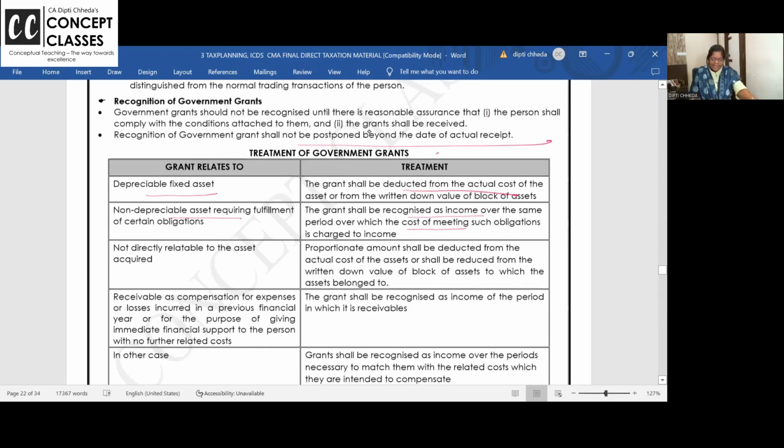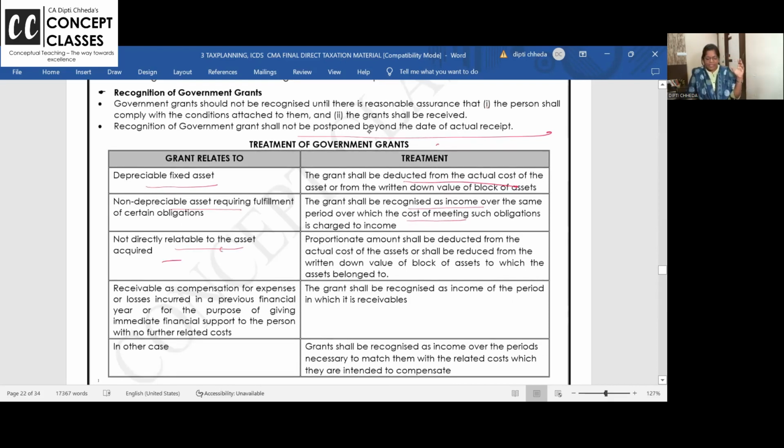If it is not directly related to asset, suppose you have set up a project in a backward area and it is 50 crore and government has given you 5 lakh. In 50 crore, 10 crore you have purchased the plant and machinery. So in 5 lakh also 1/5, 1 lakh you can adjust against the plant and machinery. I hope you have written this example and it is clear, proportionate.